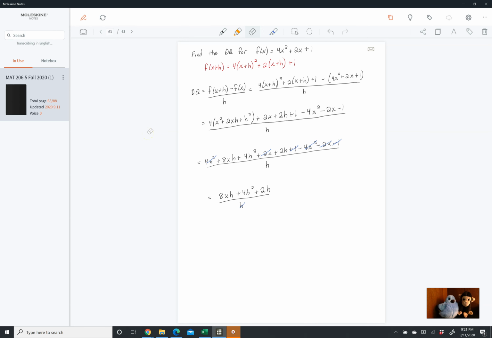Notice you never have a denominator, right? And then finally, this is equal to 8x plus 4h plus 2. Okay, so you'll always have a term with an x and an h. You'll see terms like this. It'll always look similar to this.